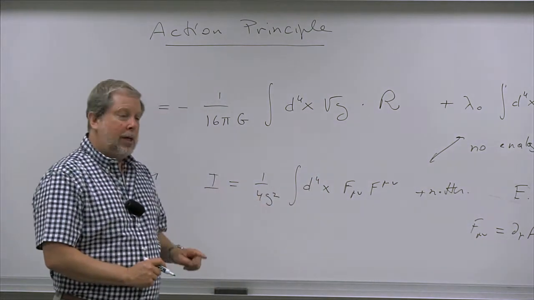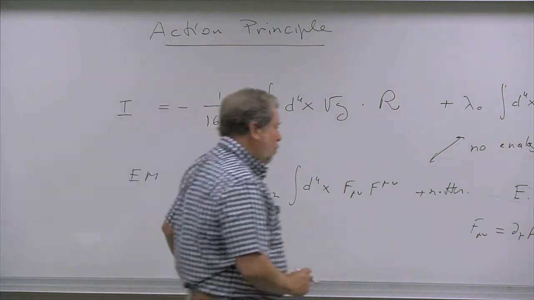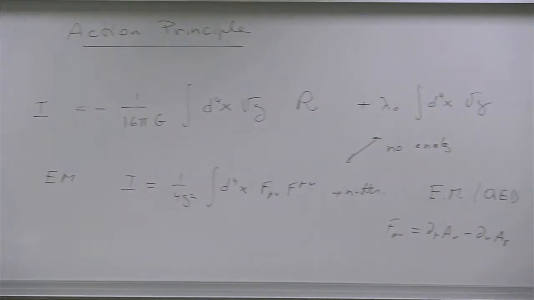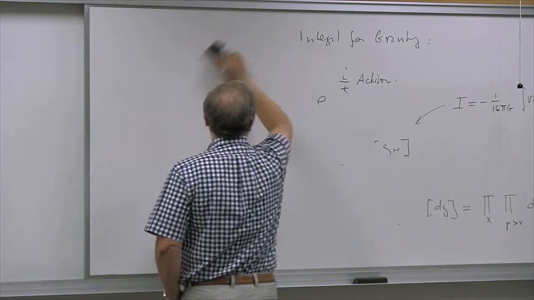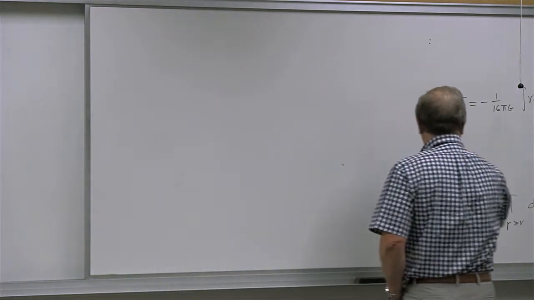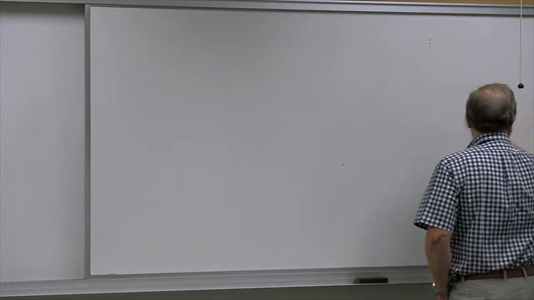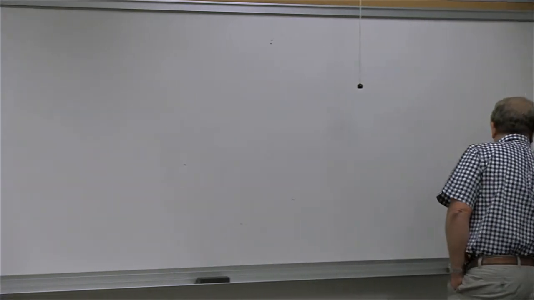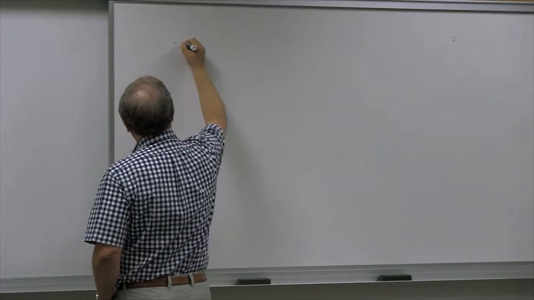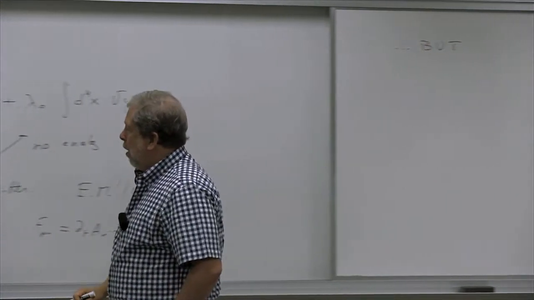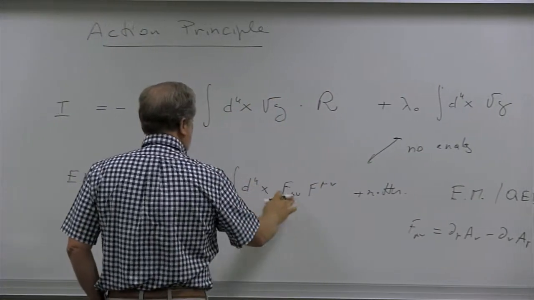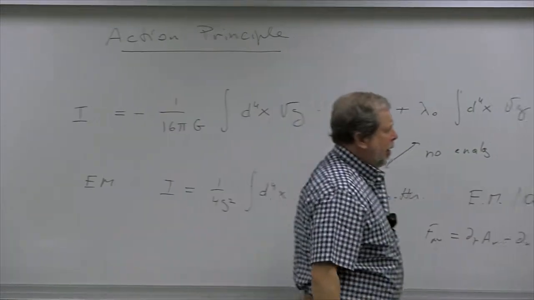There is an analogy with the F mu nu squared of electromagnetism, right? Because you can have some other terms that look like that.